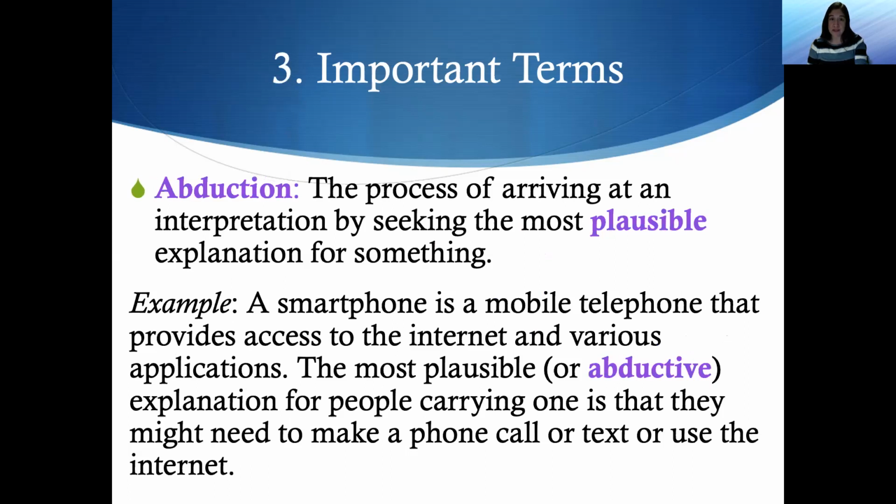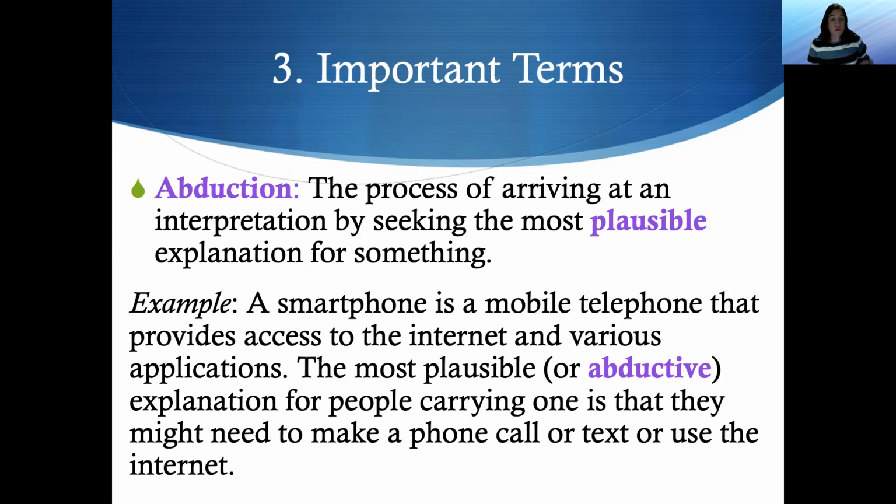Another important term is abduction, and here we're not talking about kidnapping. Here, the process of arriving at an interpretation by seeking the most plausible or possible explanation for something, that is abduction. So, for example, smartphones. We all have them.